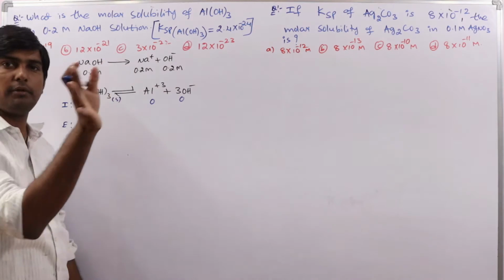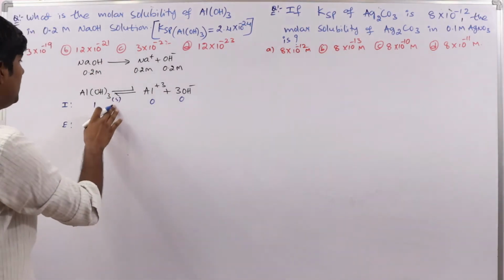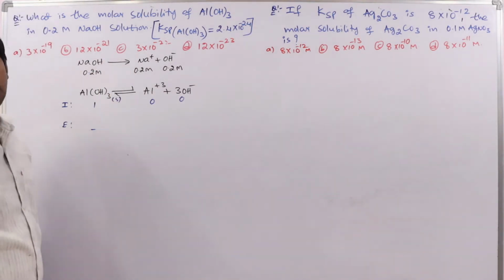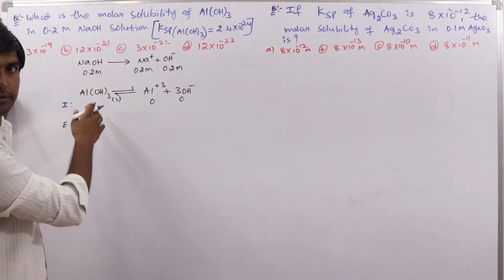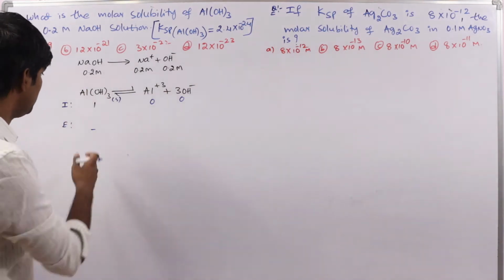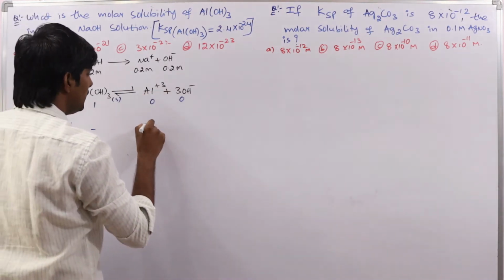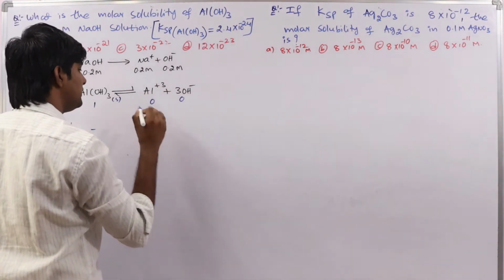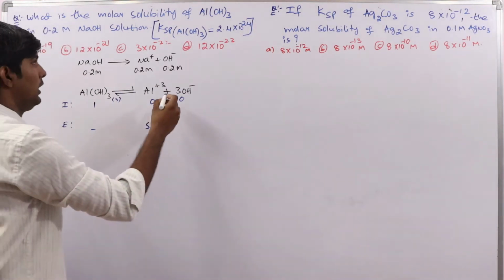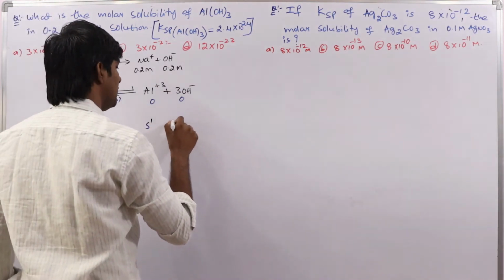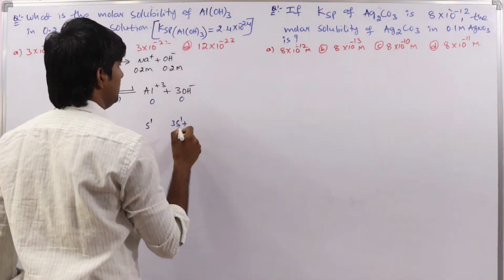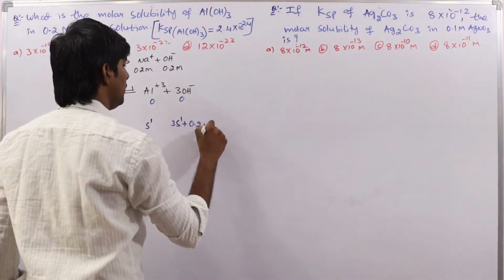It does not appear in the KSP expression. Only consider these two. So the solubility of Al plus 3 is S dash, and here it is 3S dash plus 0.2 molar.